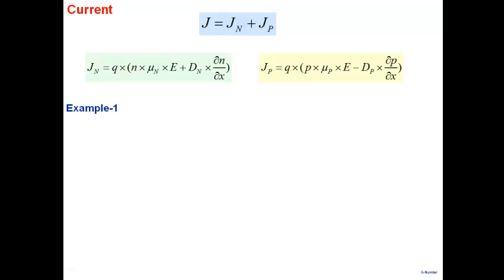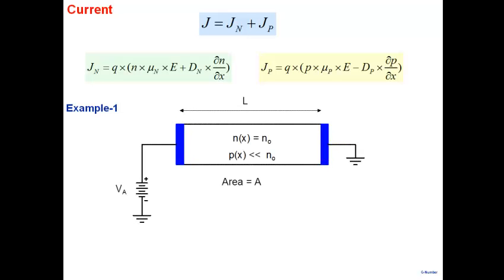All right. Now that we know a little bit about how current flows through drift and diffusion, let's apply it to a very simple case. So here is a very simple example. I have a bar of semiconductor. These blue ones that you see, typically in my diagrams, refer to the metal.